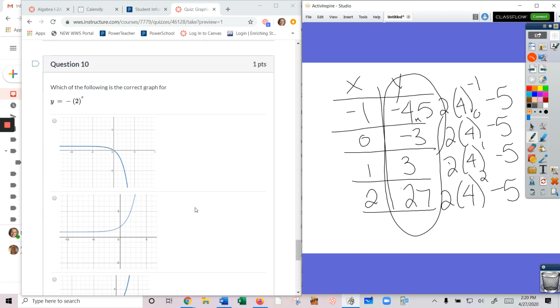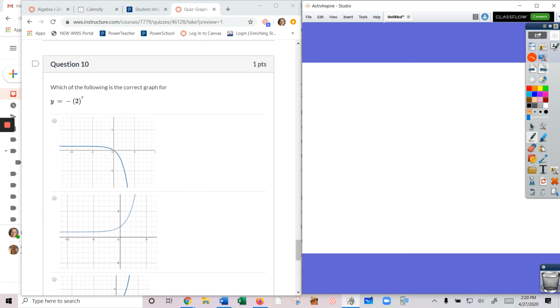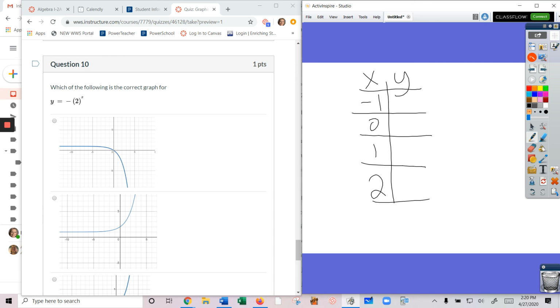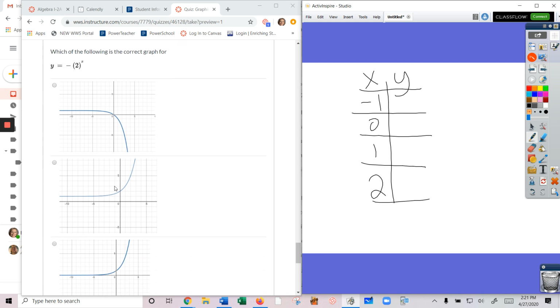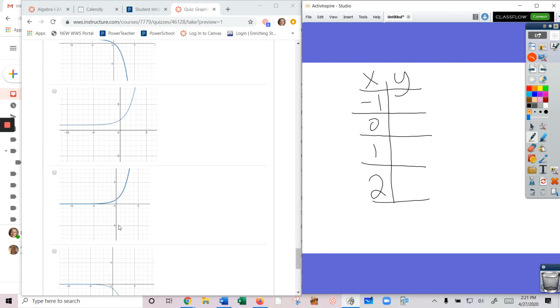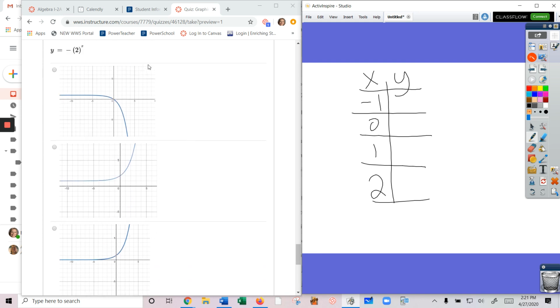And then number 10, same thing. You're just going to need to make a table. Again, you could shortcut this a little bit and just get a few values to sort of know what it looks like. We do know that this A value in front is negative, so we know we want an exponential that's opening down. So we can eliminate these upward options and narrow it down to both of these.